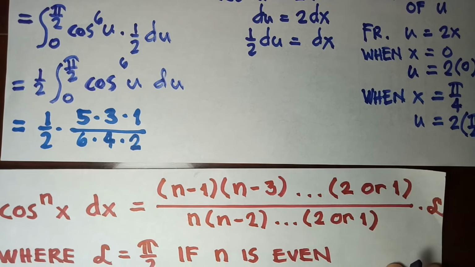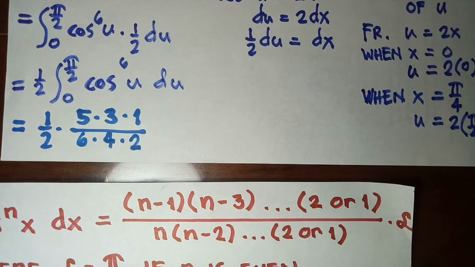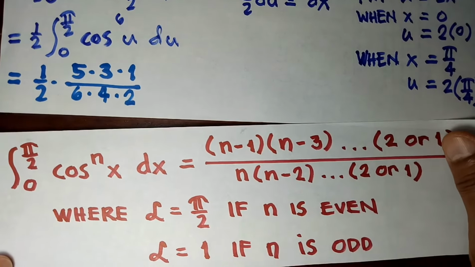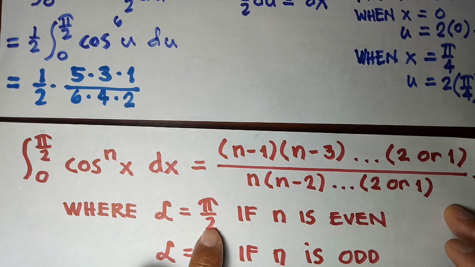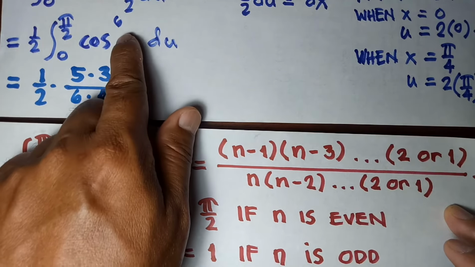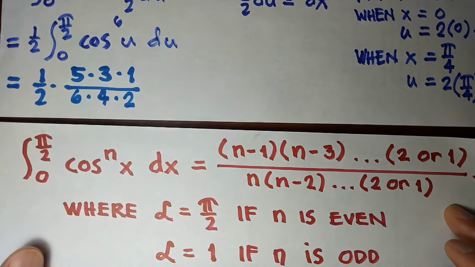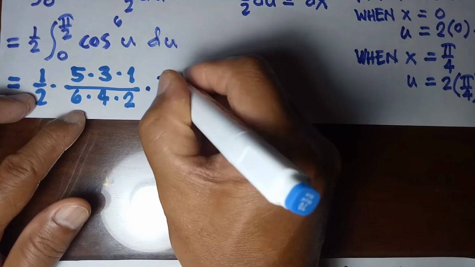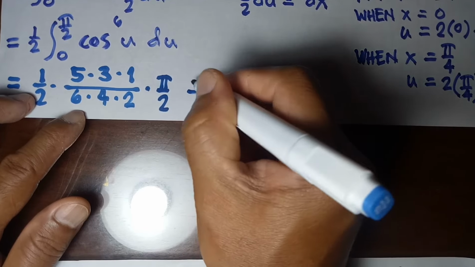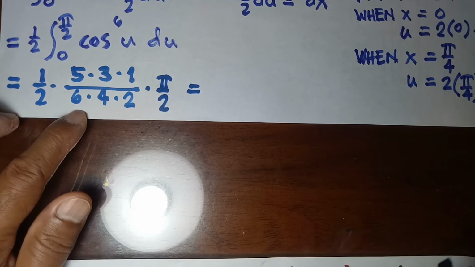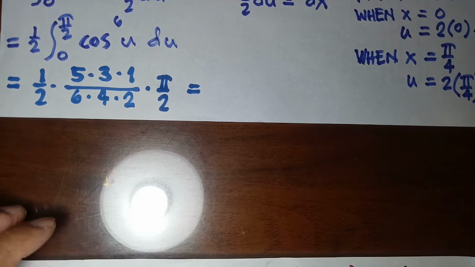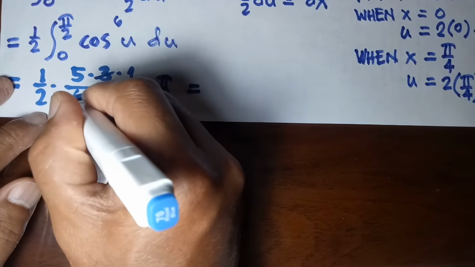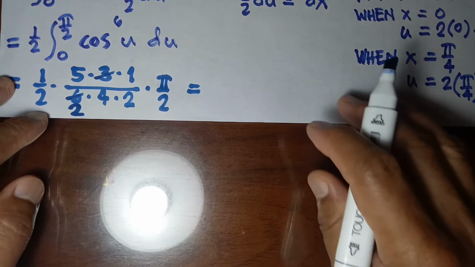So, ang kasunod na term natin ay times alpha. So, yung alpha natin equals pi over 2, because our exponent is even. So, ito ay times pi over 2. Tapos nun, isi-simplify natin. So, meron tayong 3 over 6, and this also equal to 1/2.